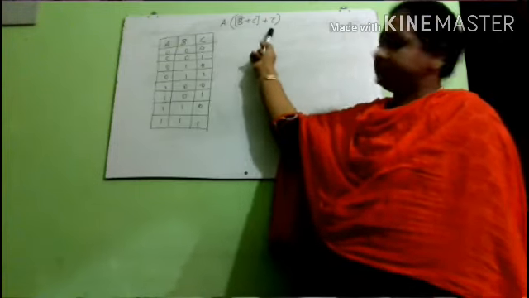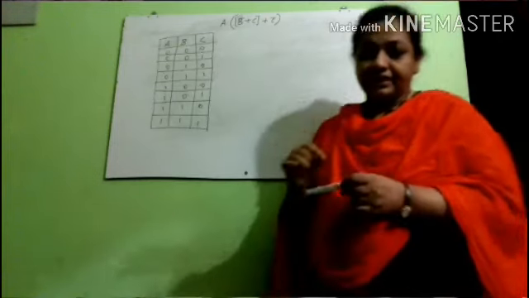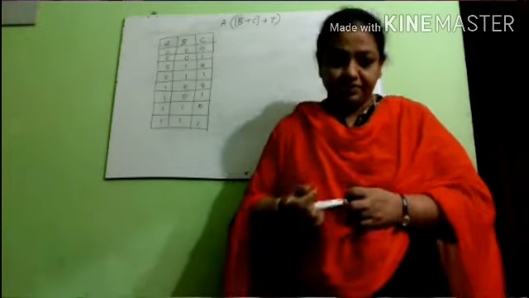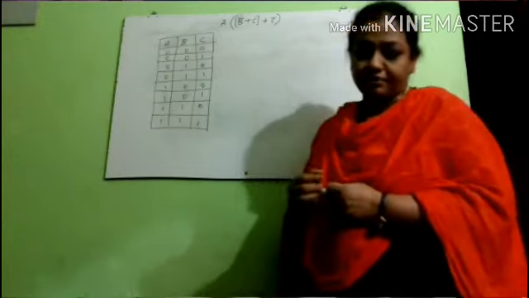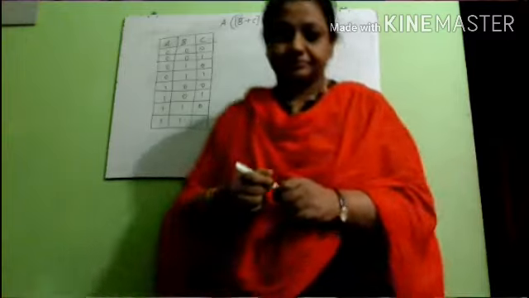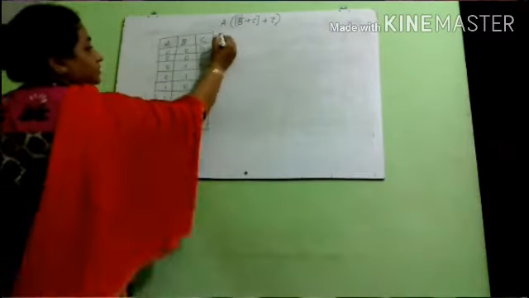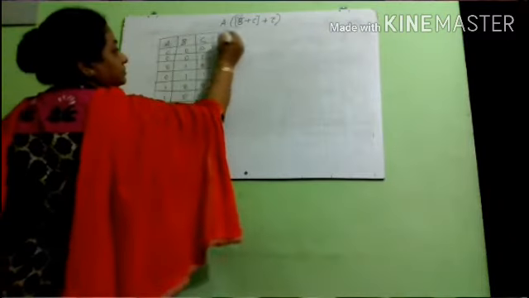Let's represent these 3 columns in our truth table: A, B and C.